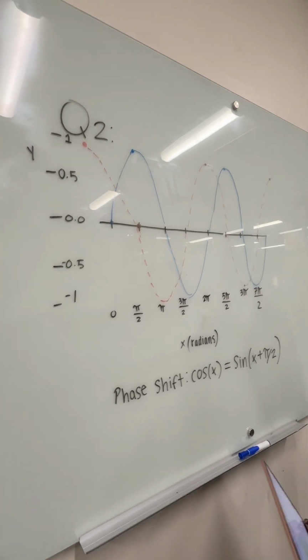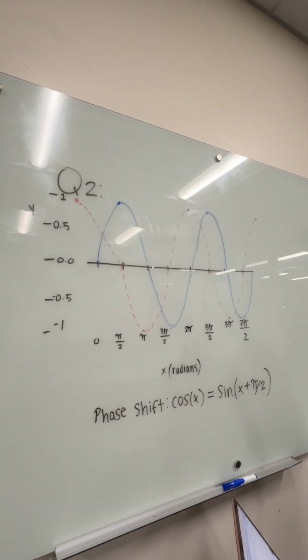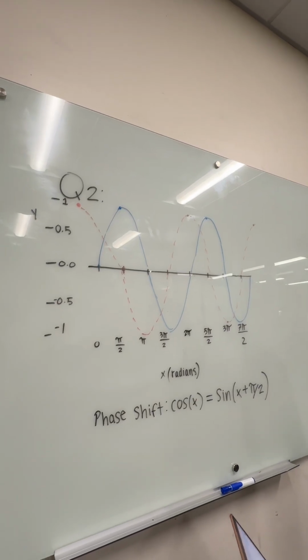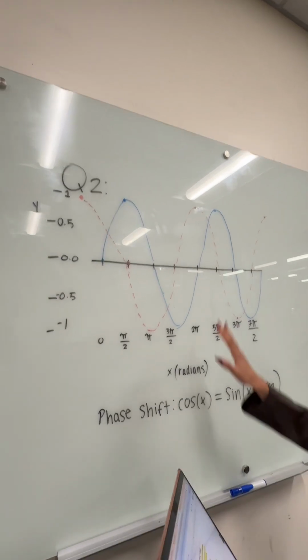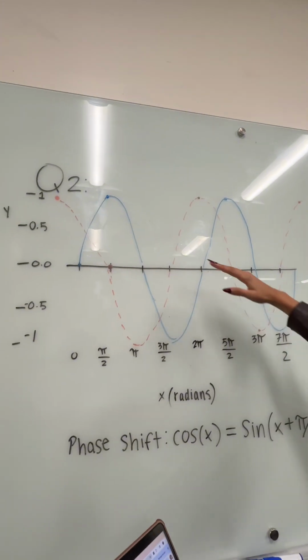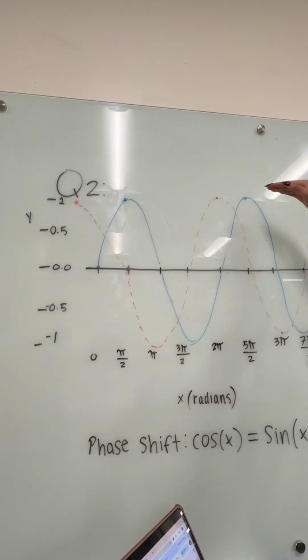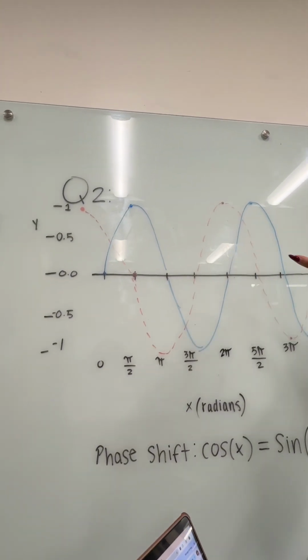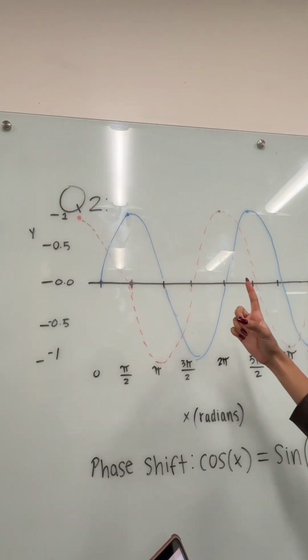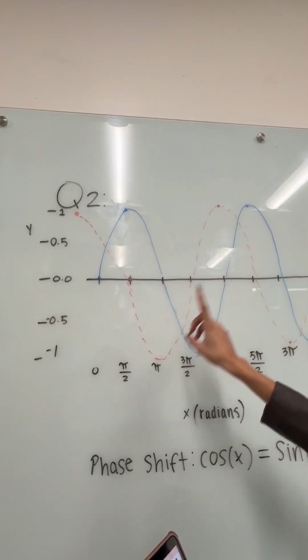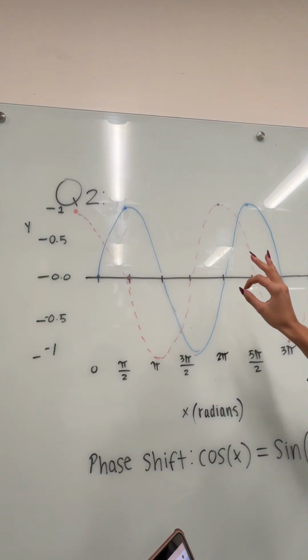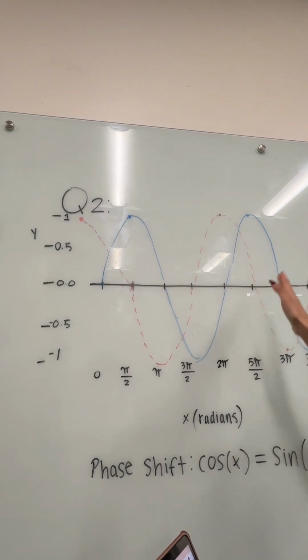So question 2 asks us to compare the graph of y equals sine of x and y equals cosine of x. They both are fundamentally the same wave in the sense that they both have the same amplitude, which is the height from the center line, and they also both have the same period, which is the length of one cycle, which is 2 pi. Now the only difference is their starting point, or their horizontal position.